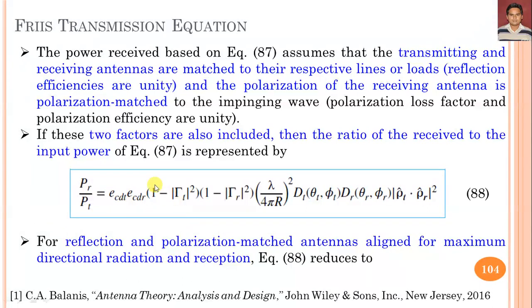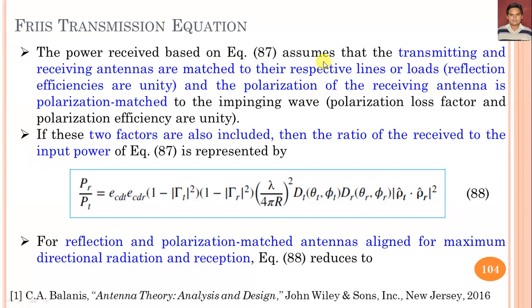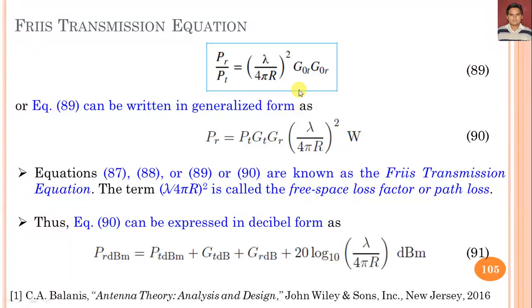For reflection and polarization matched antennas aligned for maximum directional radiation and reception, this equation reduces to P_R upon P_T equal to (lambda upon 4 pi R) squared G_0T G_0R.